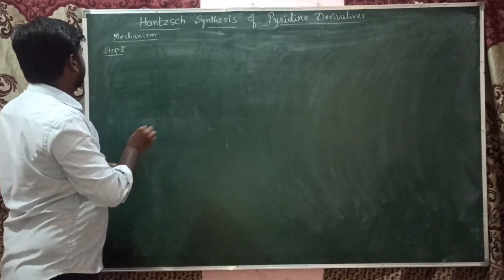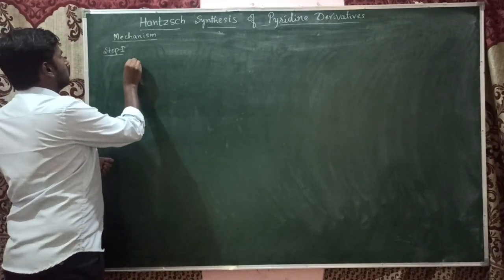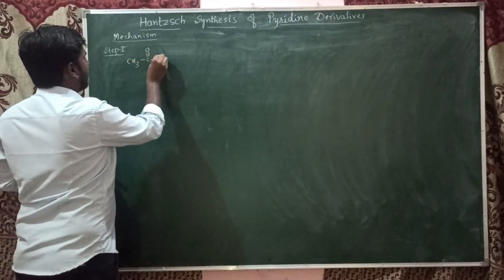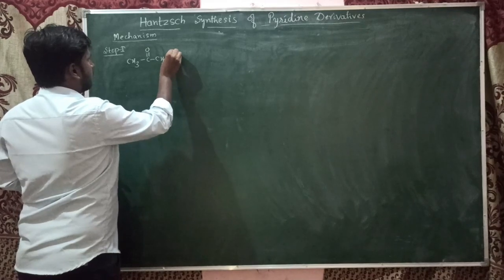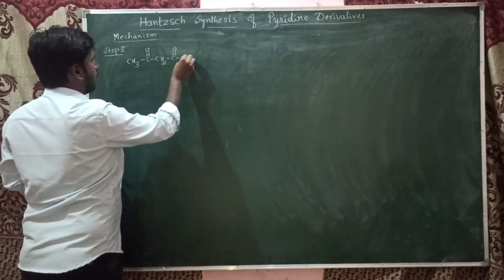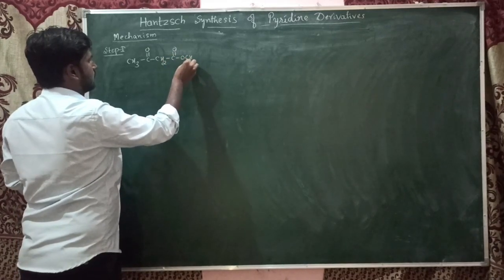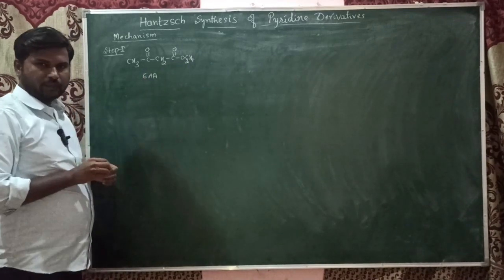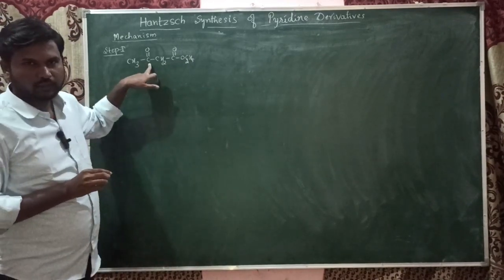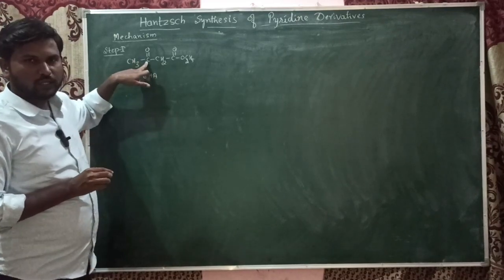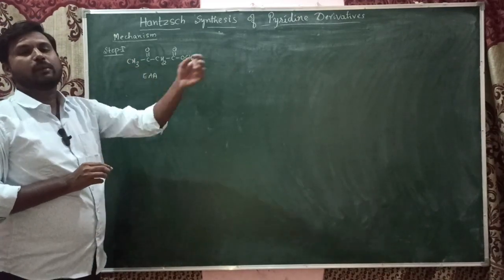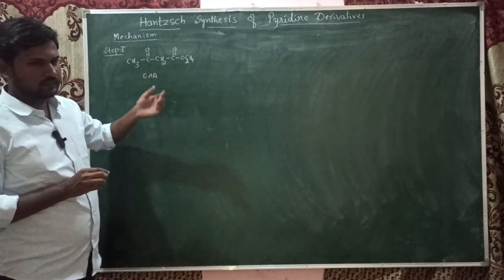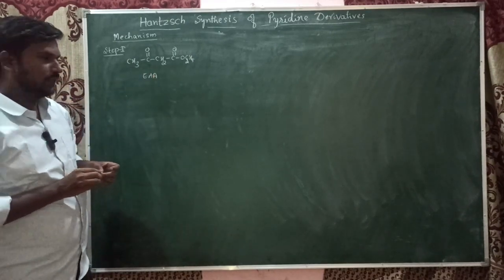So here CH3, this is EAA. This is a ketonic group. By internal proton transfer, this ketonic group can be converted into the enolic form, which is an isomer of this same compound, that is keto-enol tautomerism.